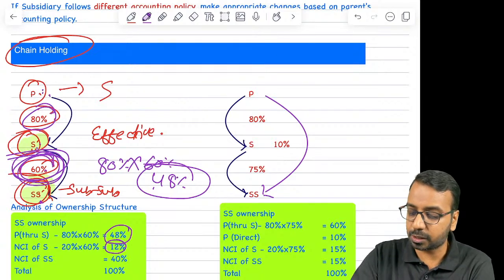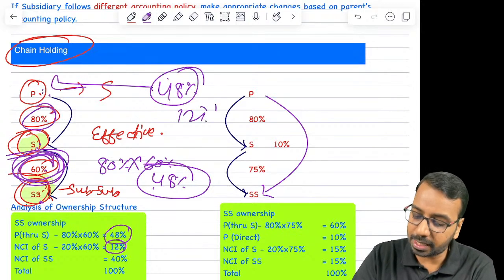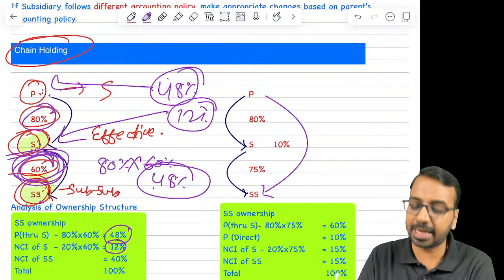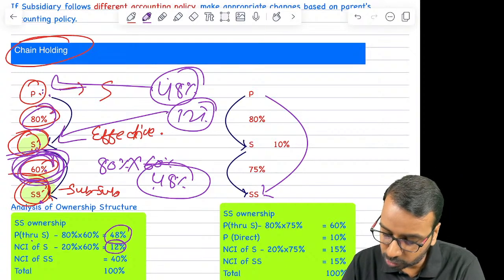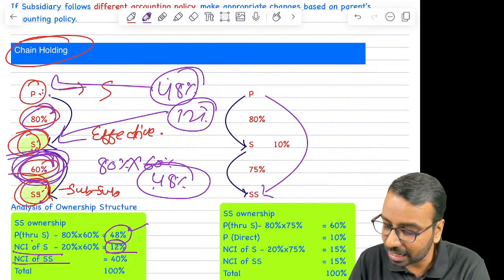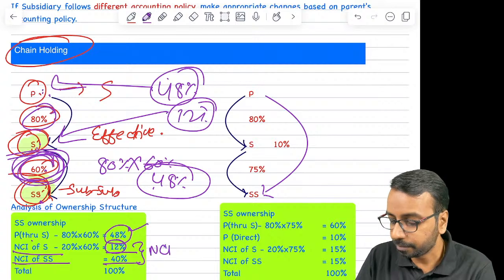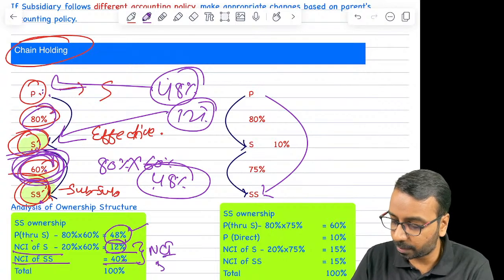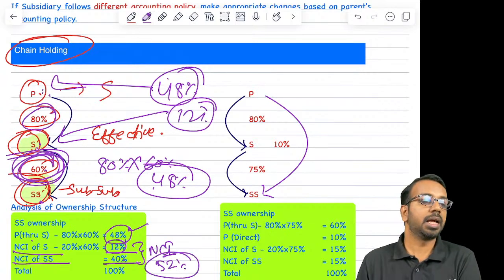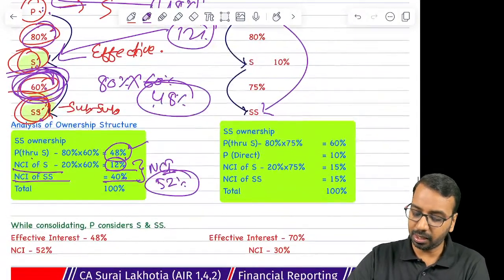Out of the 60%, 48% belongs to P and 12% belongs to the NCI of S. So P is holding 48%, NCI of S has 12%, NCI of SS has 40%. So for non-controlling interest, the total will be 40% plus 12%, 52% will be the NCI component. That is the first thing.